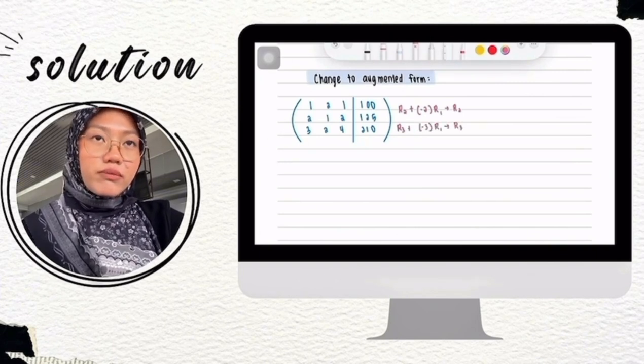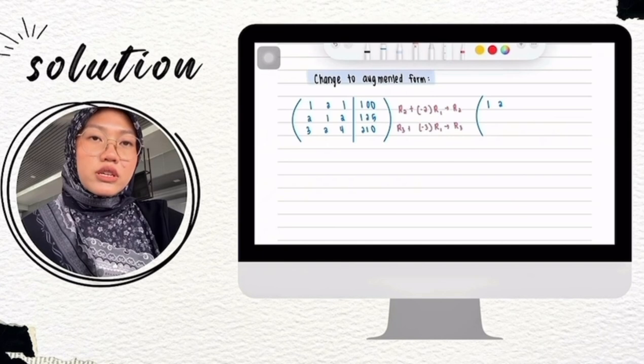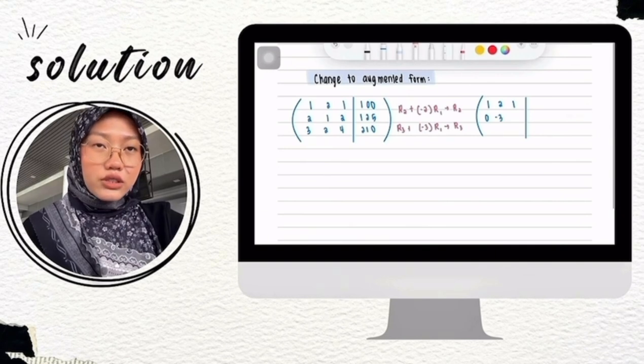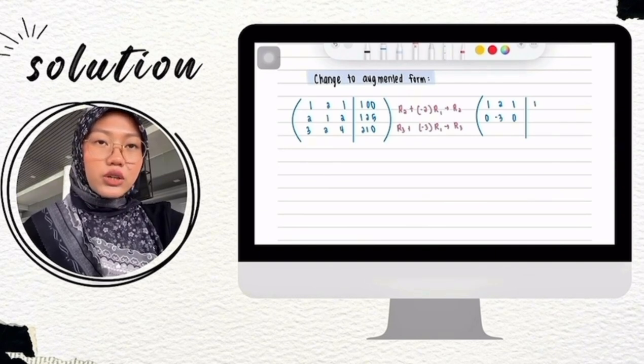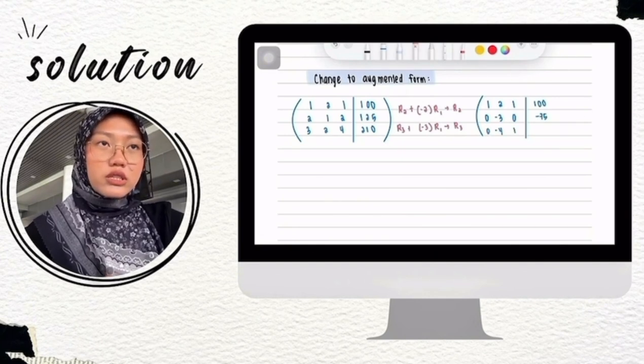So in the first column, 1 is the leading one for row 1, and 2 and 3 we need to change into 0. So there, the operations are R2 plus negative 2 times R1 and then R3 plus negative 3 times R1. Then we will get 1, 2, 1 and 100; 0, negative 3, 0, and negative 75.